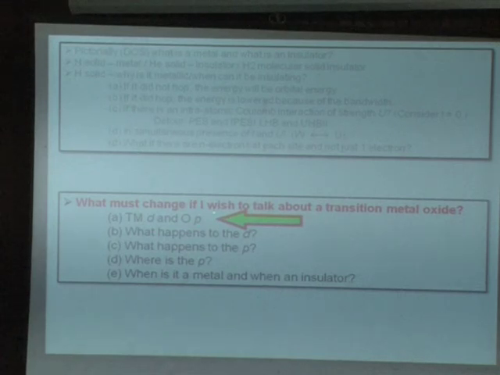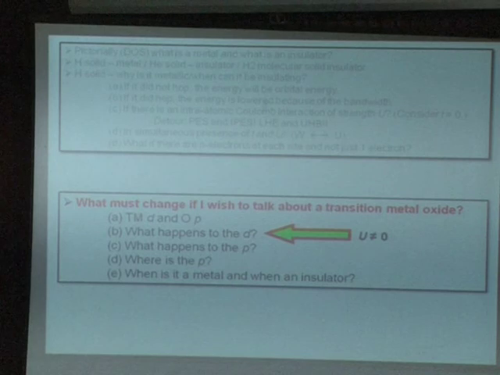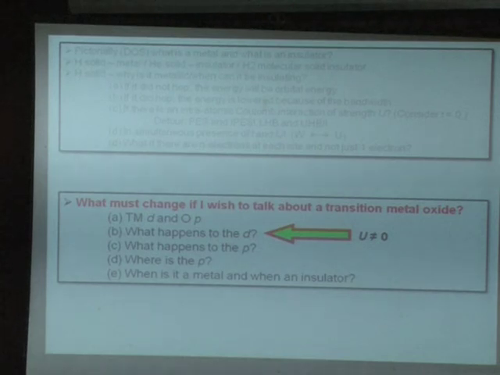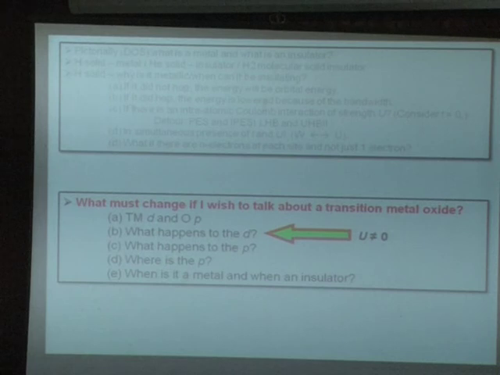Having assumed that oxygen P, we need to ask, so what happens to the D? Remember, D is the one where the Coulomb interaction is large. I talked about it because the D level wave function is not very spread in space, so they're narrow, and that's why they interact with each other very strongly. In fact, that is one of the reasons, the equation that came in the morning, that in a non-hydrogenic atom, why does it sequence itself as SPDF?